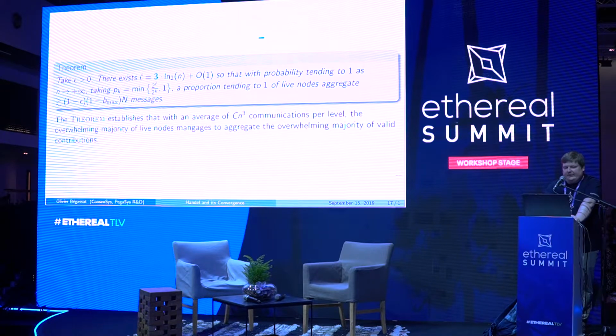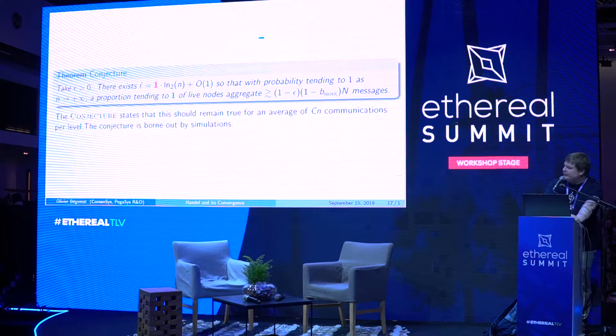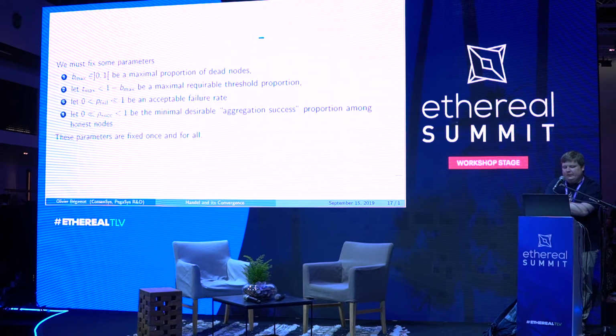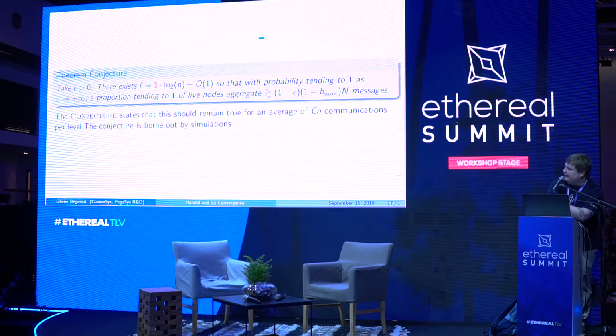So this is a slight downgrade from the theorem we had initially proved just 2 weeks ago, until we realized it failed, where the constant 3 was replaced by 1. And this theorem is now just a conjecture, and it states that you don't really need to communicate with n cubed people.